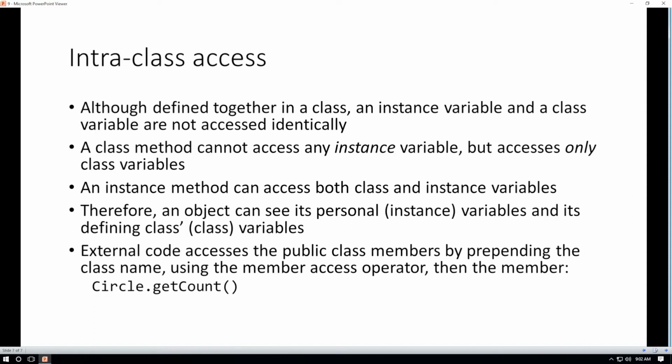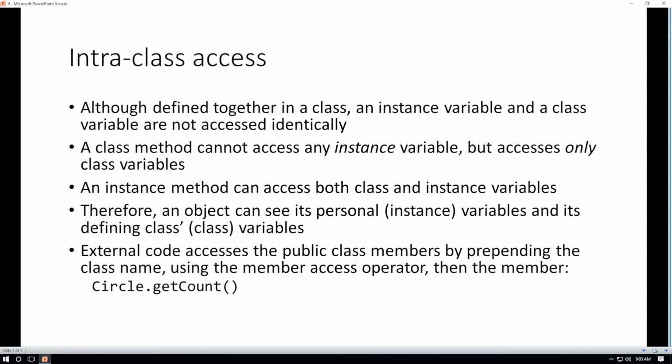Although defined in a class, an instance variable and a class variable are not accessed identically. We have seen examples previously of how they work. In an instance method, we just simply name the variable, whether it's an instance variable or a class variable. Outside of the class, we access them differently.